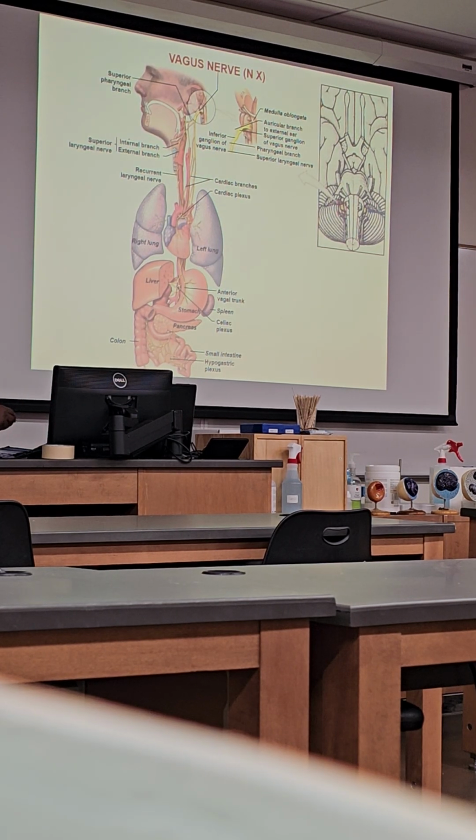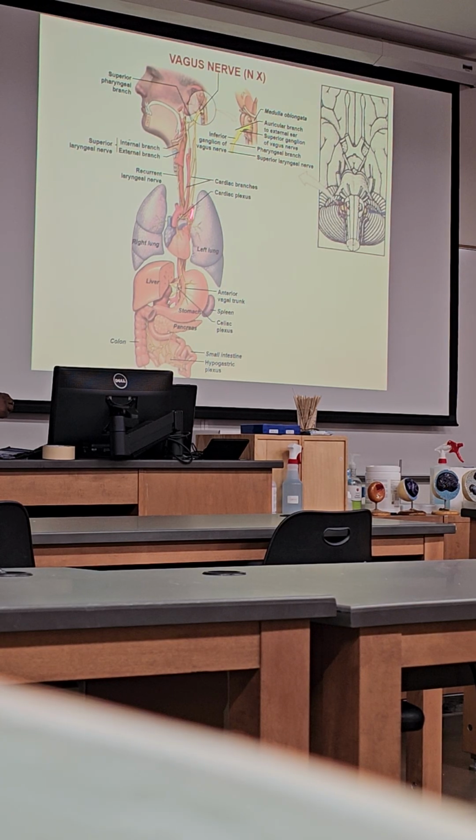Vagus means wander, the vagabond, right? So vagus is traveling everywhere, out of the head, past the neck, to all the organs, picking up all that sensory information, and as well innervating some muscles.